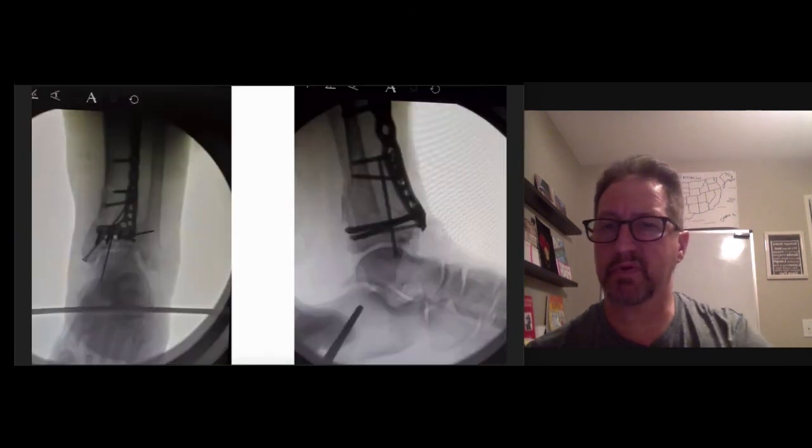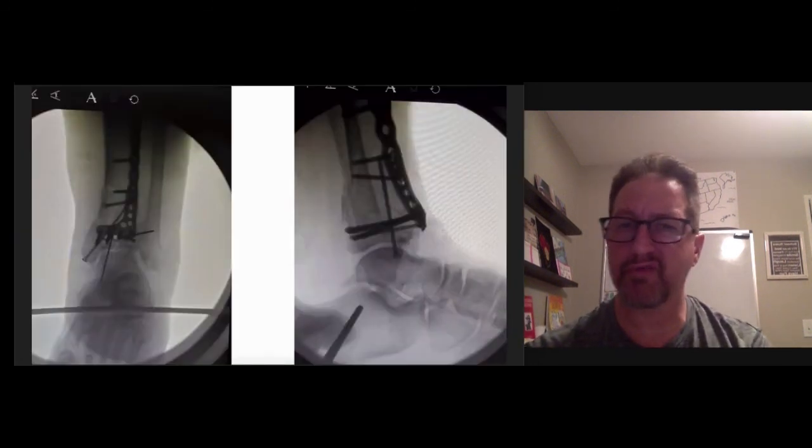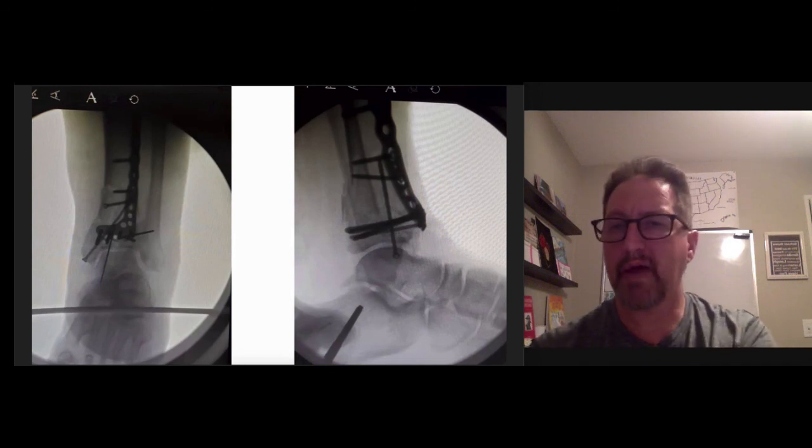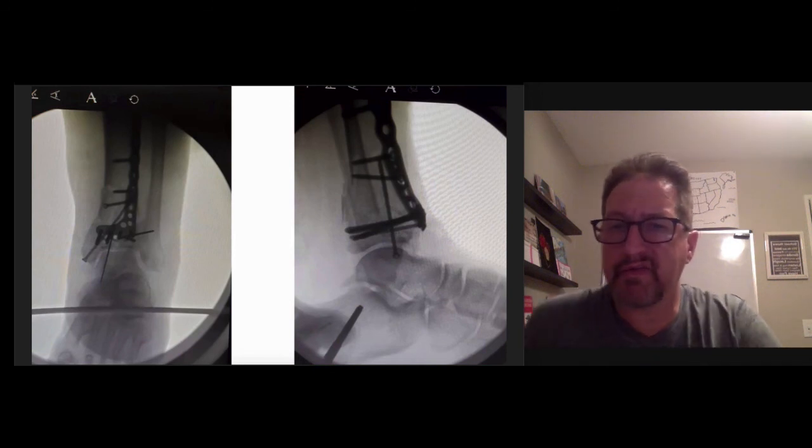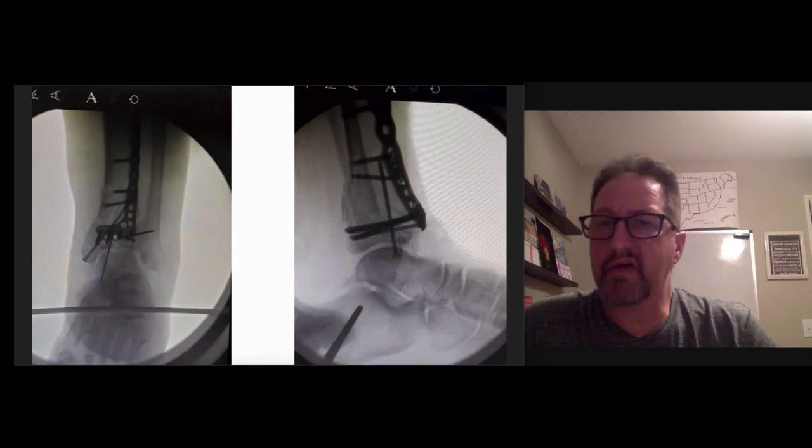Okay, now this is what this person's reconstruction looked like. This was actually done by one of my clinical colleagues at a Kaiser in the Central Valley, California. So you can see that there is a screw in the medial malleolus, which is kind of pulling the medial malleolus to the tibia.